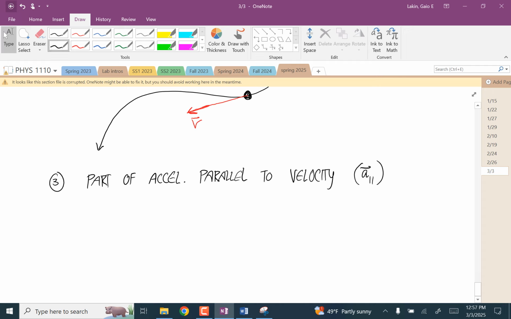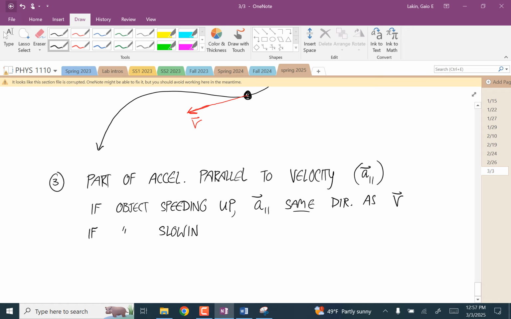If the object is speeding up, then A parallel is in the same direction as the velocity. And if the object is slowing down, then A parallel is the opposite direction of the velocity.